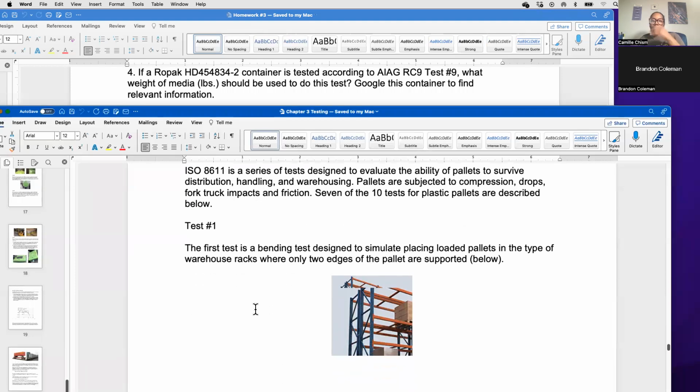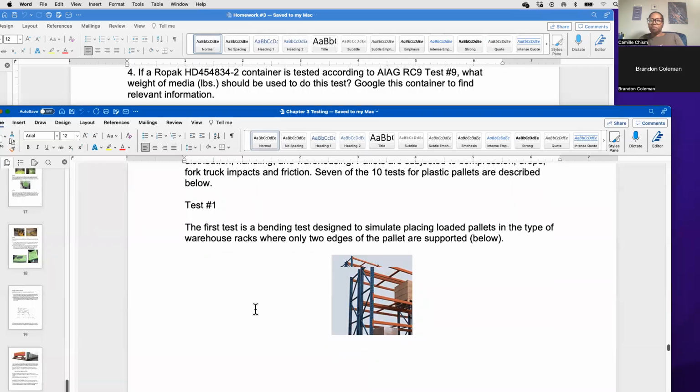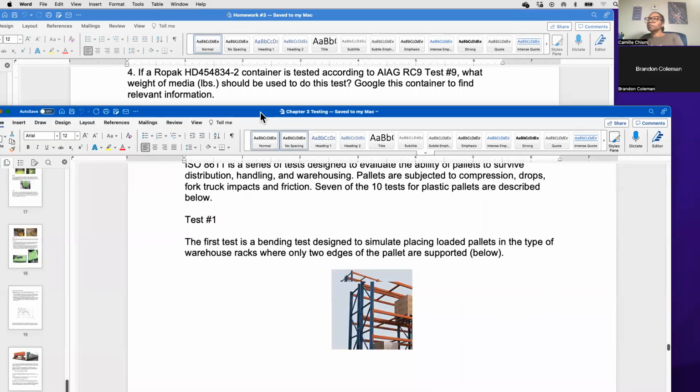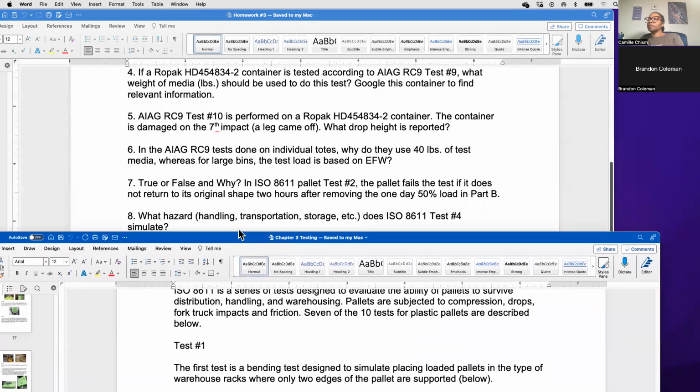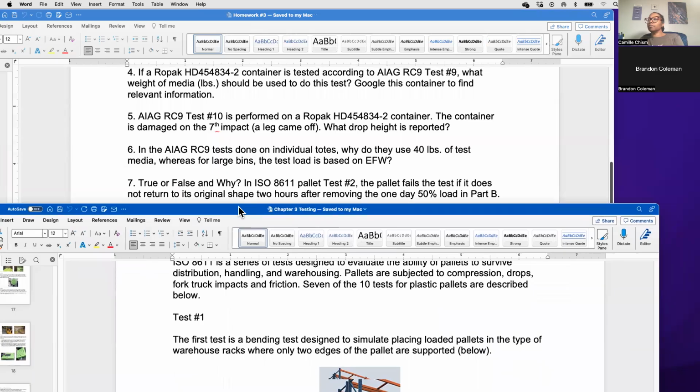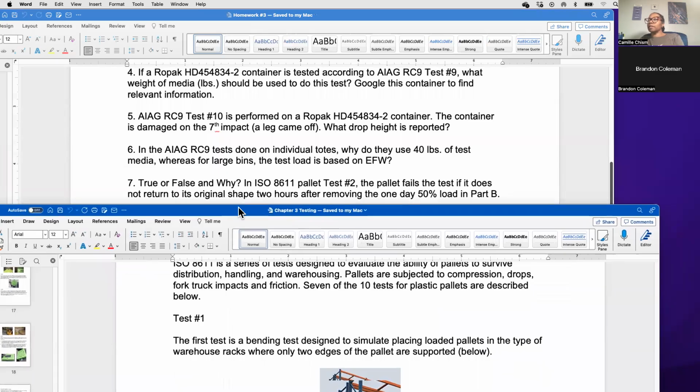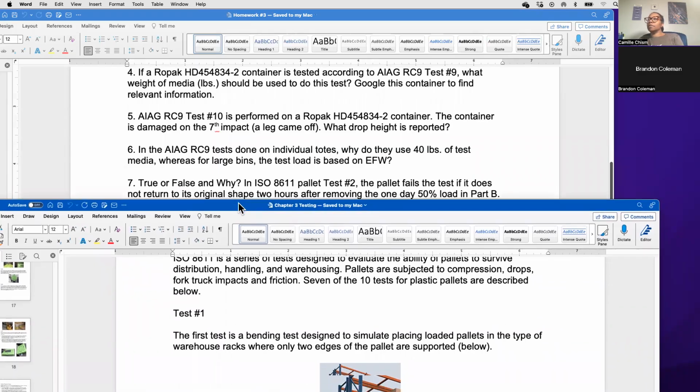Okay, so this is pallet, again, pallet test number 2. You're going to go down to the pallet testing. And we want to know, does the pallet fail if it doesn't return to its original shape 2 hours after removing?